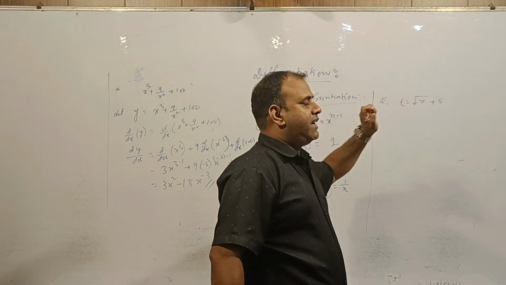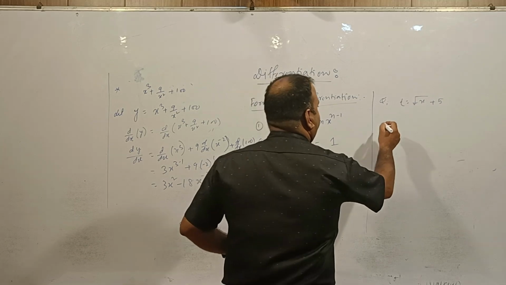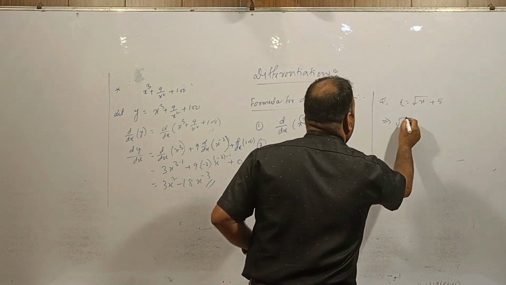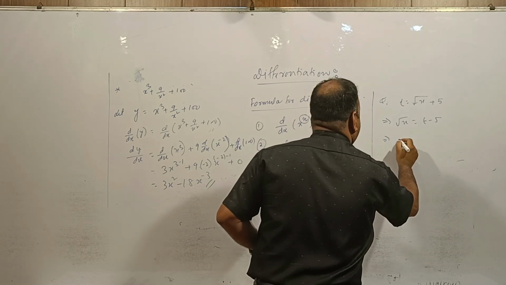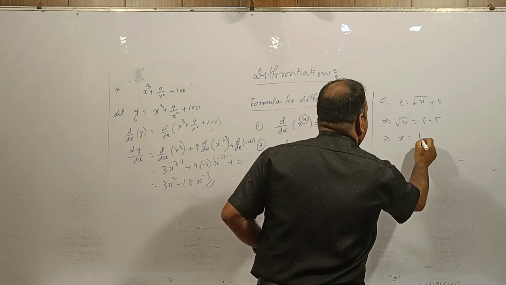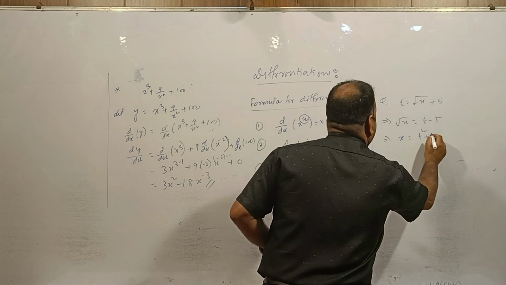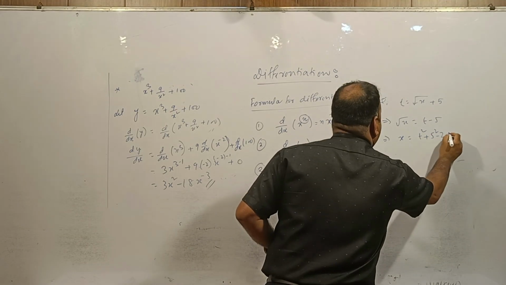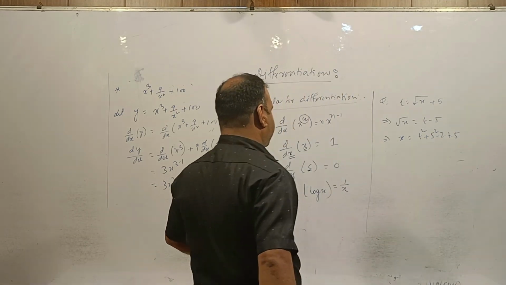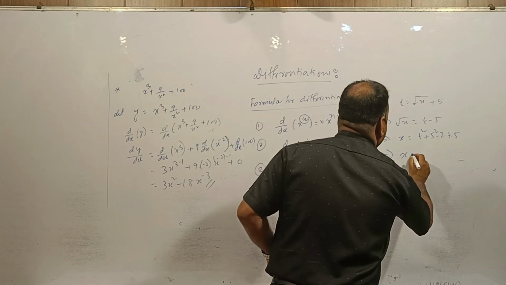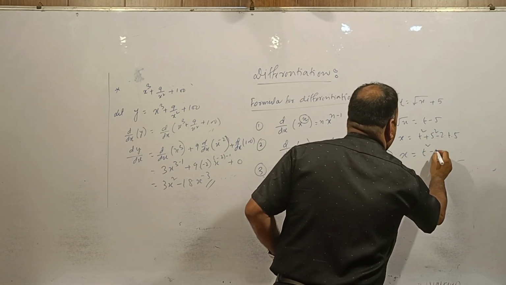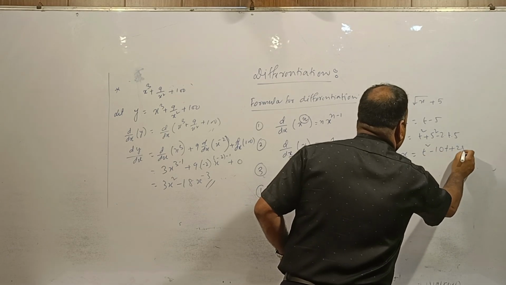On the left side it is given t. So what do you do? First you can do like this, root x is equal to t minus 5. So squaring both sides, it will be x, and it will be a square plus b square minus 2ab, where b will be 5. So in this case you can see x is equal to t square minus 10t plus 25.